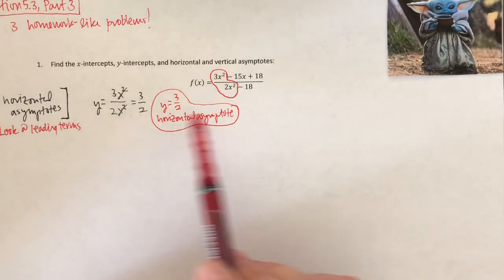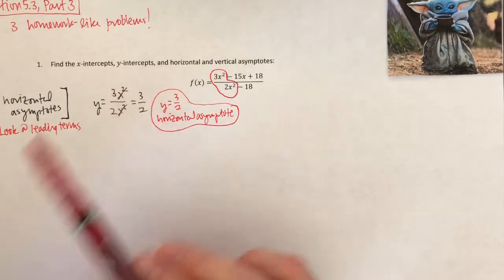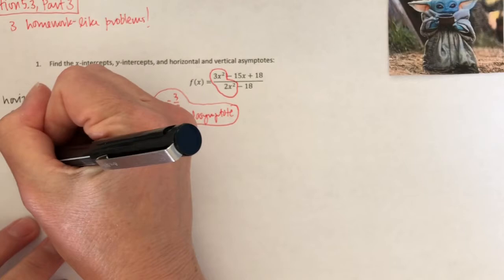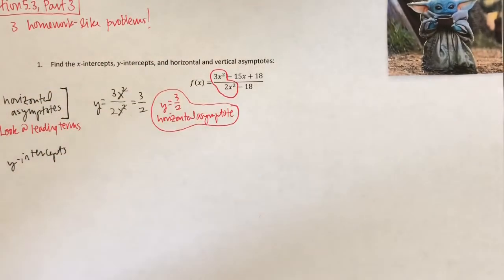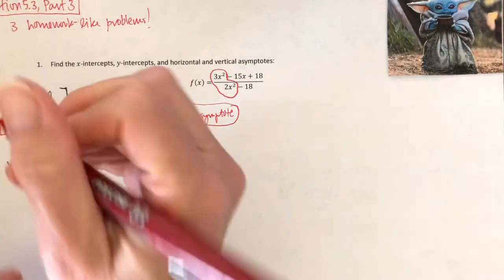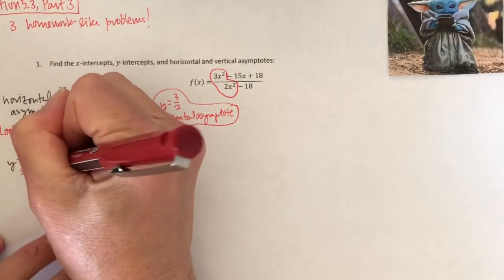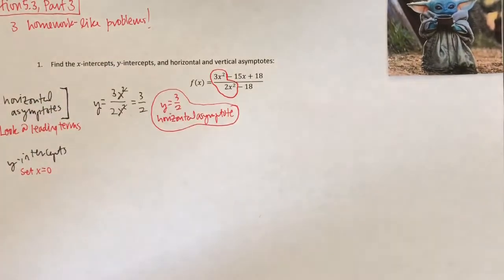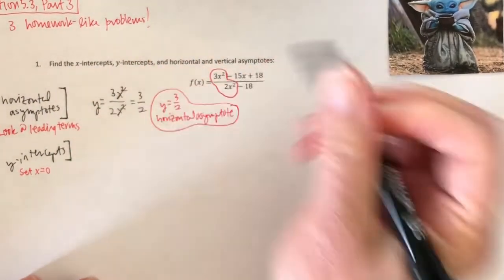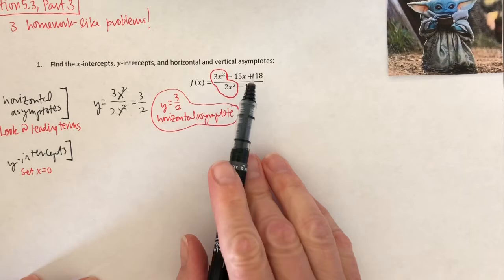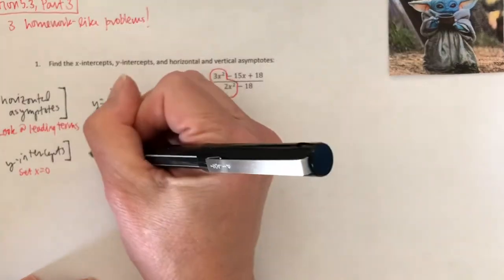The next easiest thing to find is probably the y-intercept. And remember, to find the y-intercept, we set x equal to 0. That's true of any function. It doesn't have to be a rational function. So we're just going to plug 0 in for x in this function.